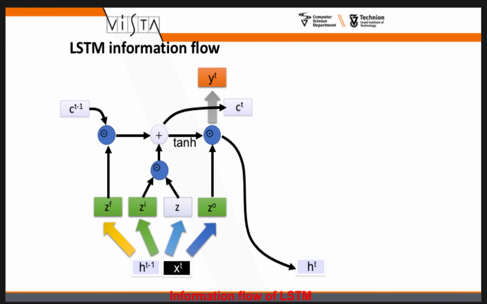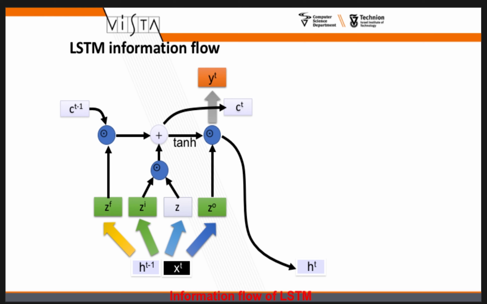Okay, so this is my LSTM information flow. We have the current state t minus 1 multiplied by some inputs that are going from ht minus 1 and xt. This is my input, and this is h, the second output of the cell.